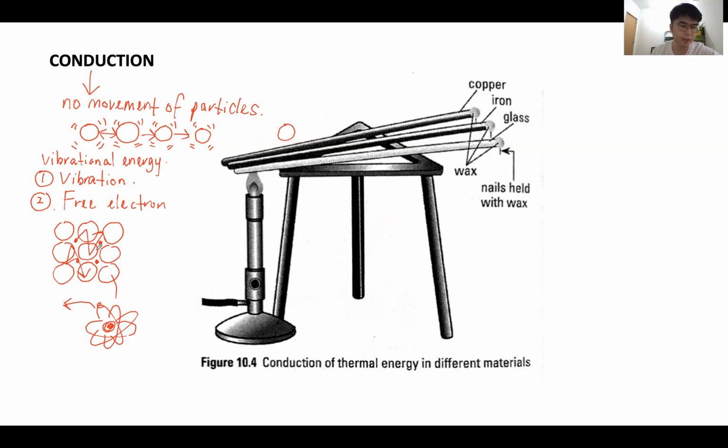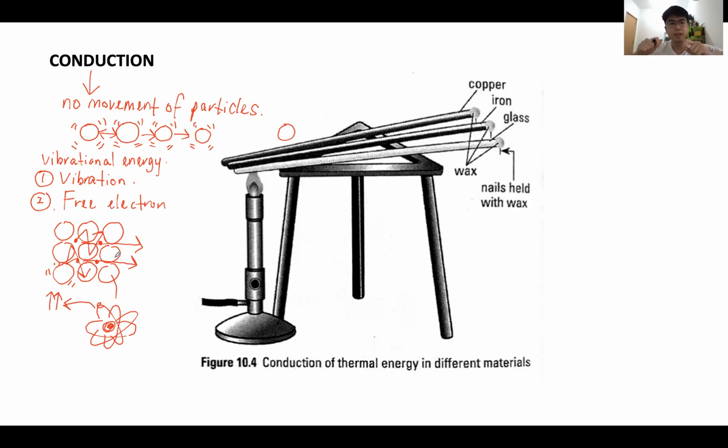All right, so all these free electrons wander around. When you hit one side of the material, all the atoms vibrate, and this causes the next one to vibrate also. What happens to the electron? The electron also carries the energy, and because the electrons are free to move, they get the energy and move across the structure, carrying the heat energy with them.